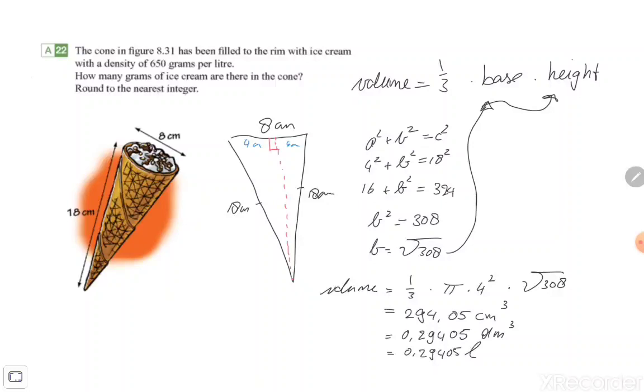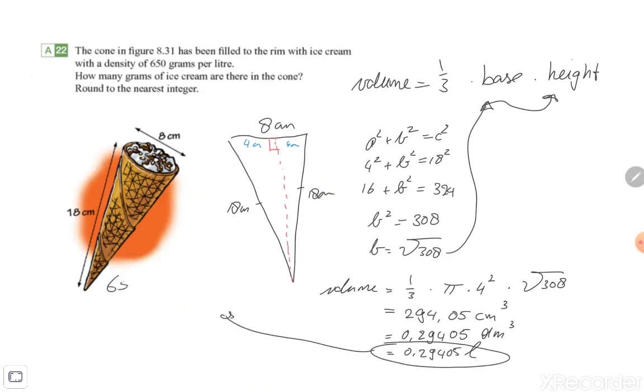0.5 liters. Alright, so we know the volume of my ice cream, and they say that per liter the weight is 650 grams. So how many grams of the ice cream are there in the cone? So we need to multiply that number with 650. Let's just do it over here.